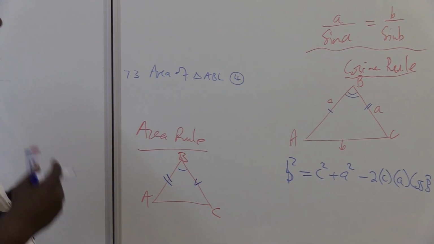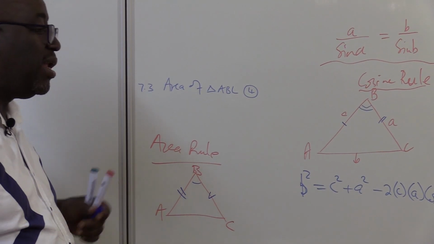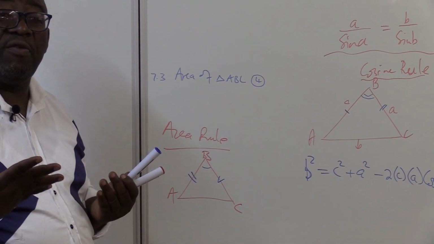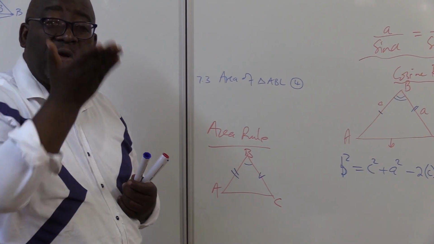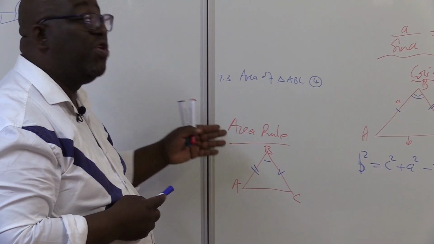So what is the area rule saying? Number 1, when do we use the area rule? When the triangle is not a right angle triangle. Because when the triangle is a right angle triangle, we know the formula, half base times perpendicular height. If it is not a right angle triangle, we use the area rule.